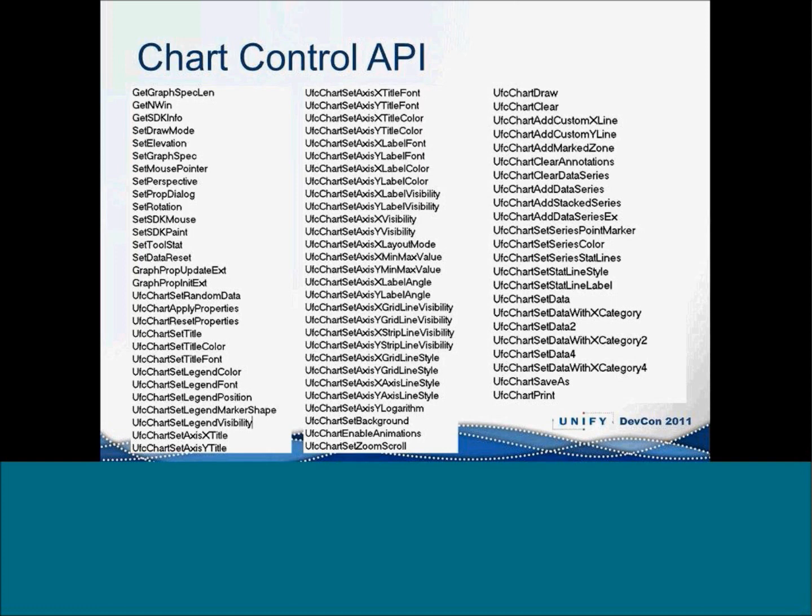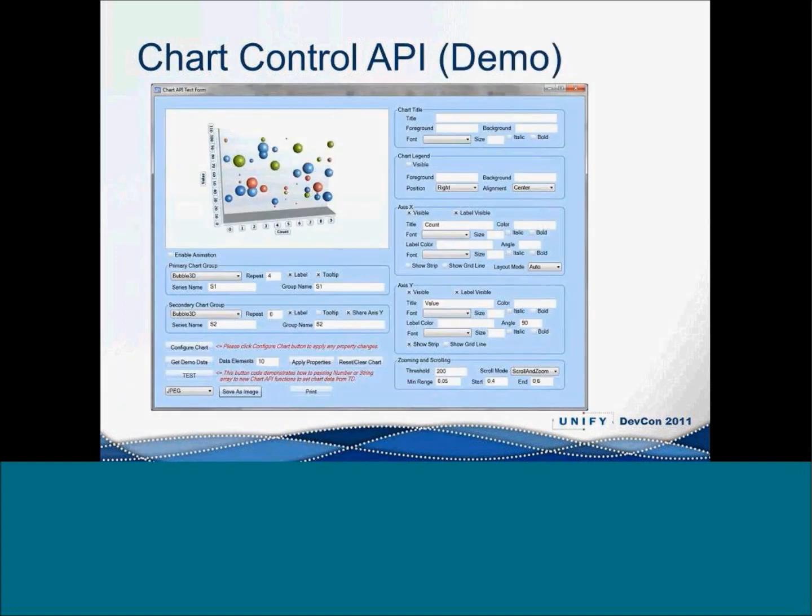This is a demo I want to show you at the end of the presentation because I have to switch my computer. So the chart control API is to use and to show how the new API works.